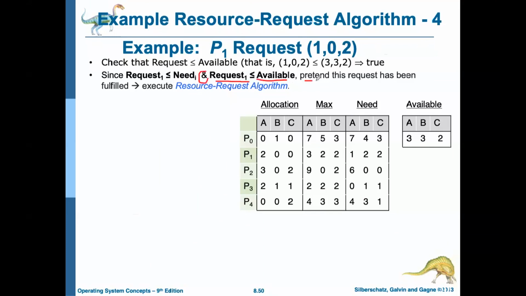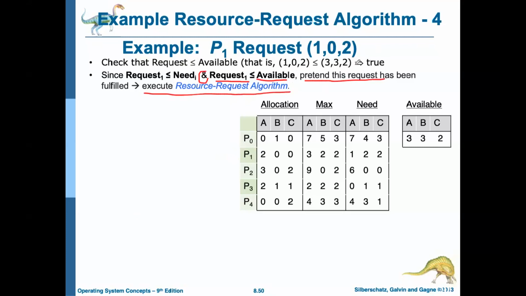Next, pretend this request has been fulfilled by the execute resource request algorithm. P1 request 102. We want to see that 332 right now, so that's true.